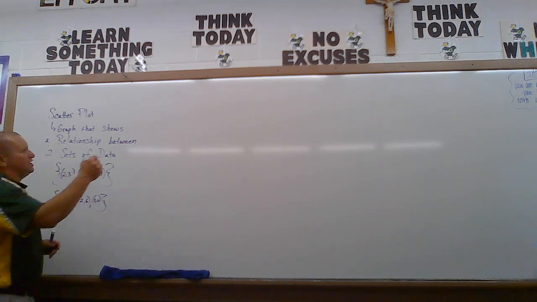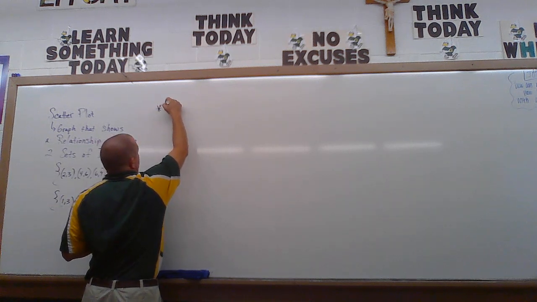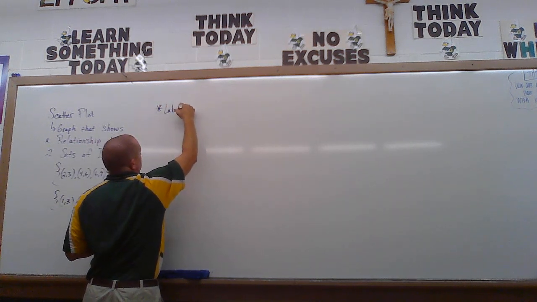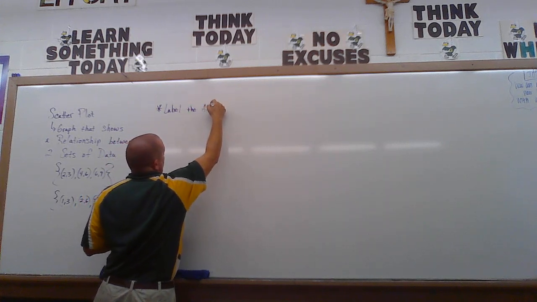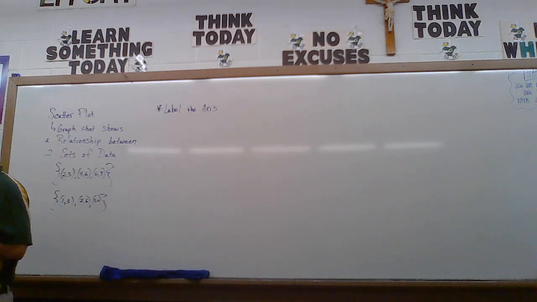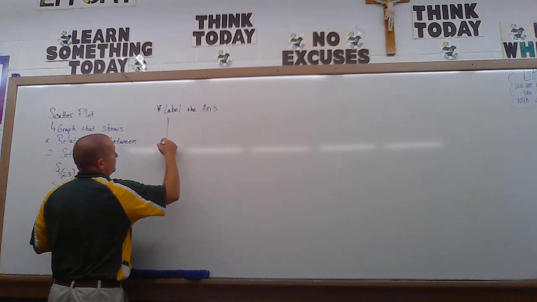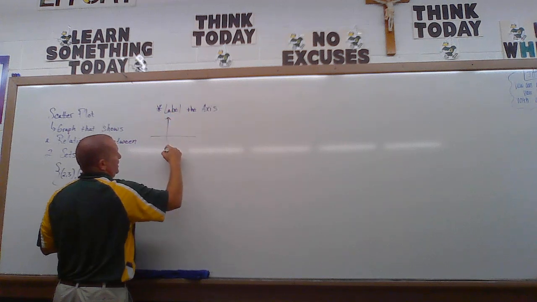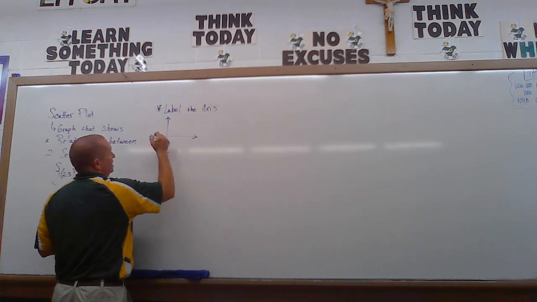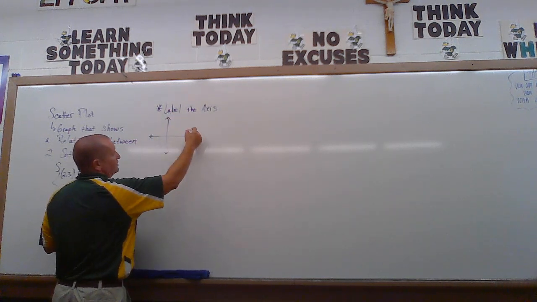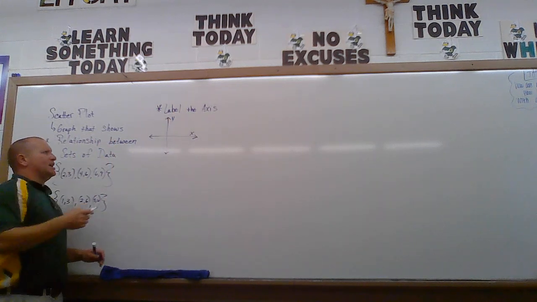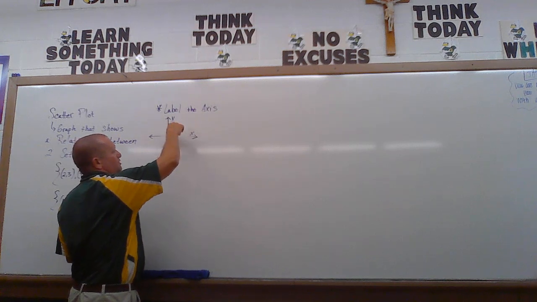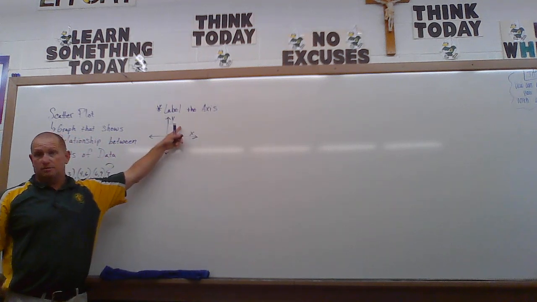But when you do this, make sure that you label your axes. What do I mean by labeling the axis? I already know that it's my x-axis and my y-axis. This is my x and this is my y. So when you're doing scatter plots, they're all going to pretty much be in quadrant 1.